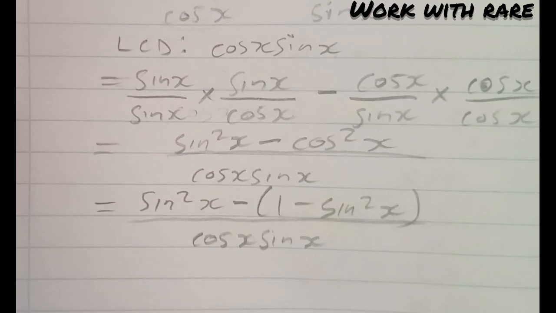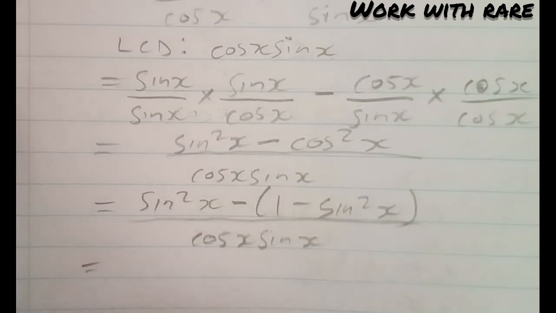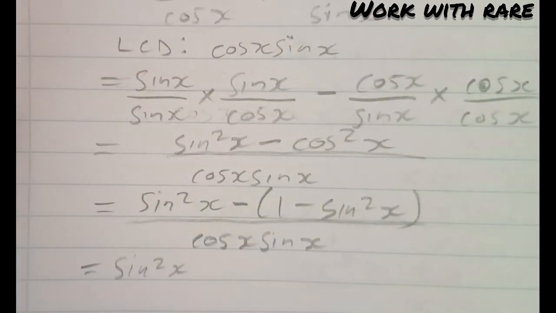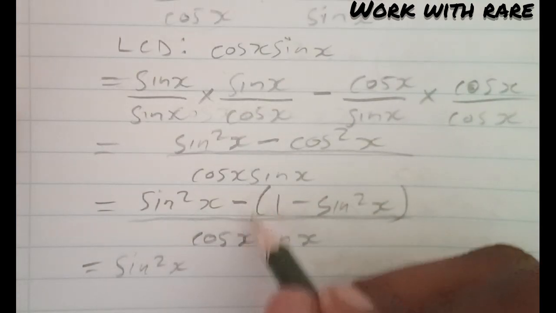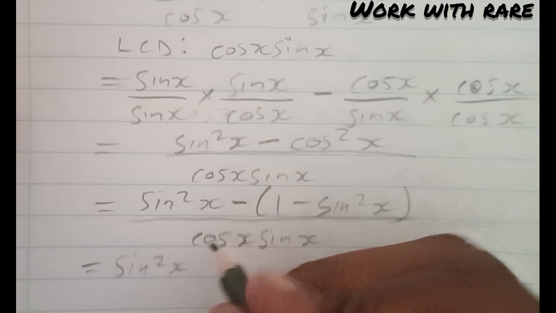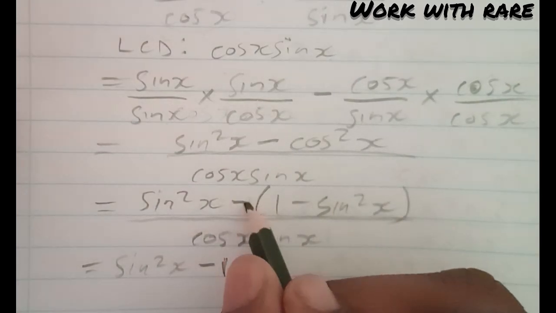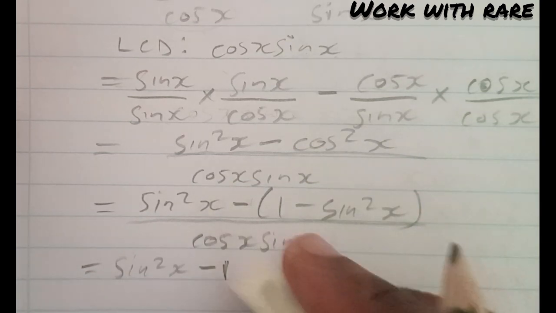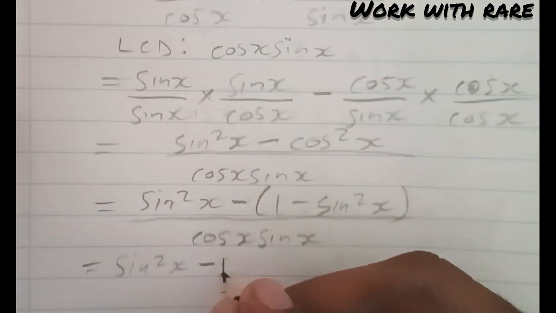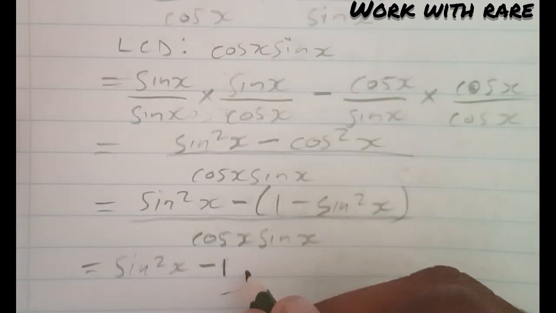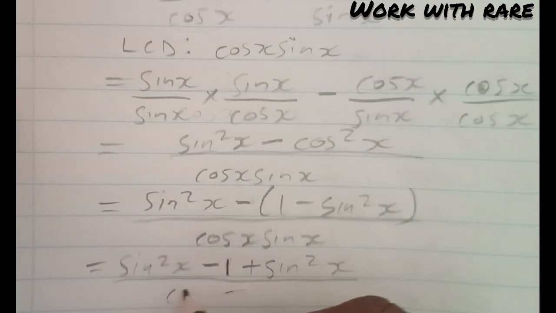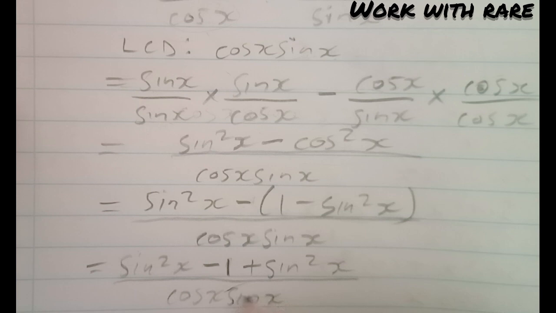When I break the brackets, here I have sine squared x. Here it is the same as 1 when we don't have anything, so it's negative 1 multiplied by 1, which is negative 1. Negative 1 multiplied by negative sine squared x: a negative multiplied by a negative is positive, so I will have positive sine squared x all over cos x sine x.